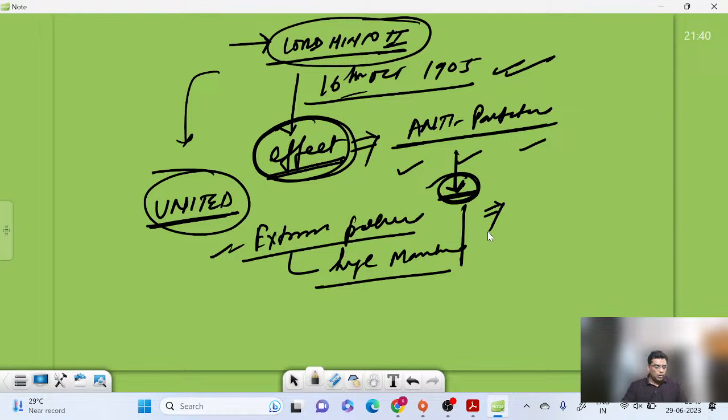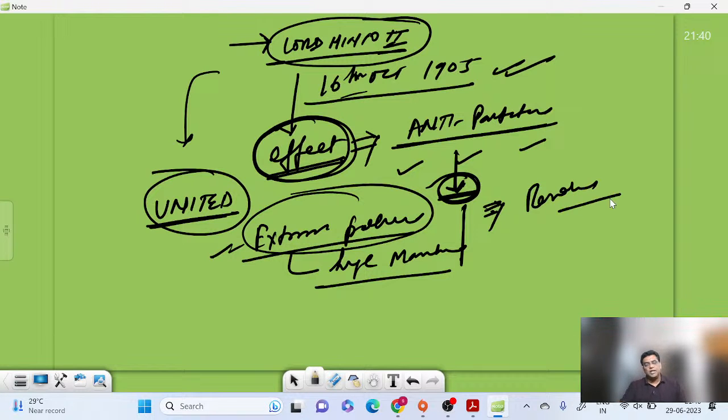Okay, because one believes in active resistance, another believes in passive resistance. So there was an exact connection between the extremists and the revolutionaries, right? In one word, you can say that the idea of opposition which was preached by extremists was transformed into revolutionary action. So this is extremist politics. Huge momentum you can observe from here.